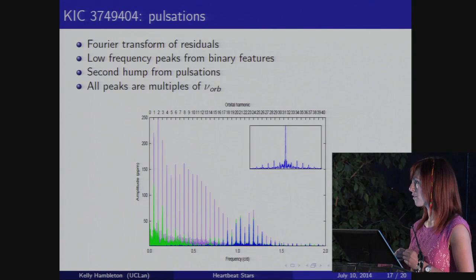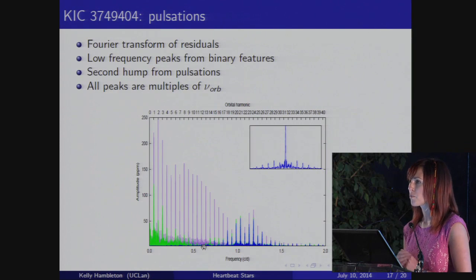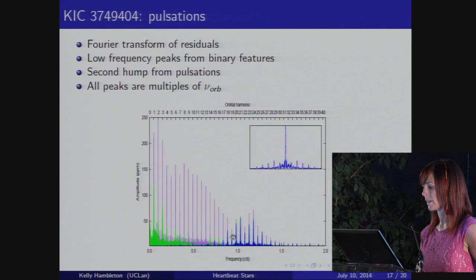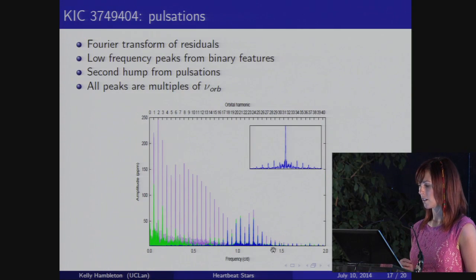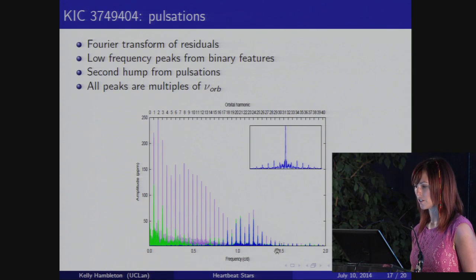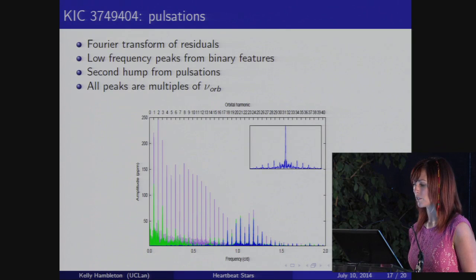When I subtract the binary features out of the light curve, you're left with the green. And then I pre-whitened from 0.5 cycles per day, so that we could just focus on this blue hump of power here. And these are what we believe are the tidally induced pulsations. So you just get a peak of several pulsations, and actually, when I extracted them, there are 7 pulsations there.